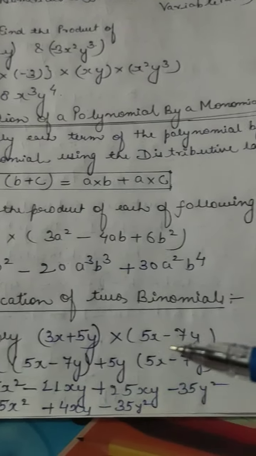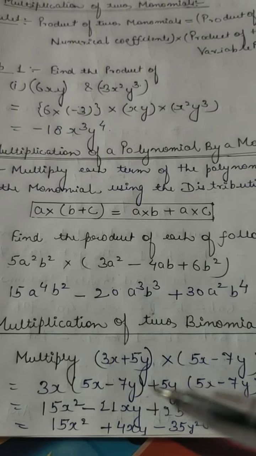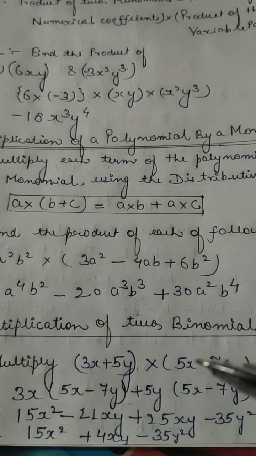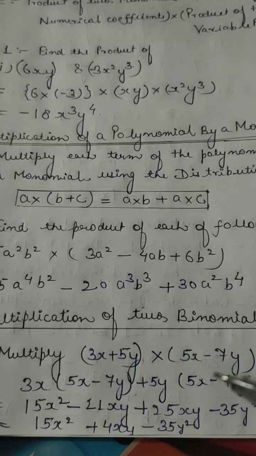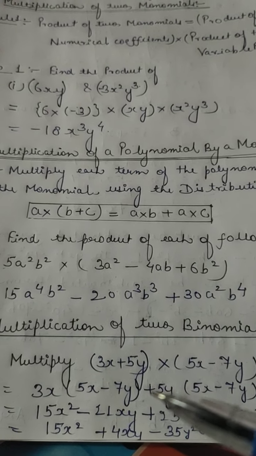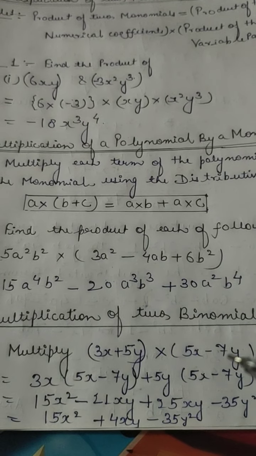Next one is multiplication of two binomials. दो binomials mean algebraic expression having two terms, first term and second term. This is also having two terms, first term and second term. So when we multiply two binomials, what we get? We simply multiply 3x with 5x minus 7y.